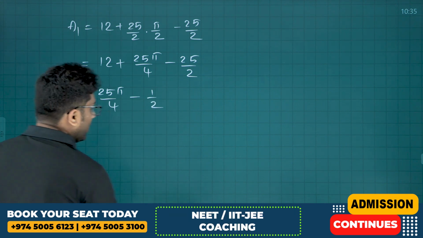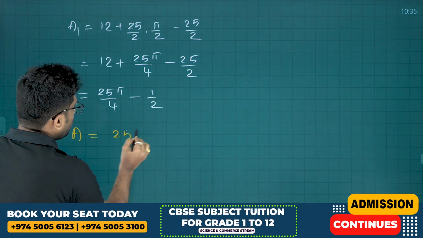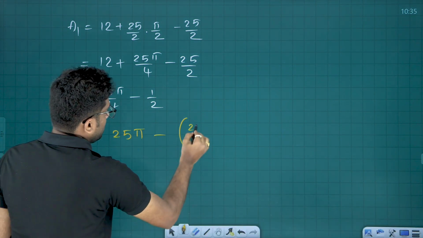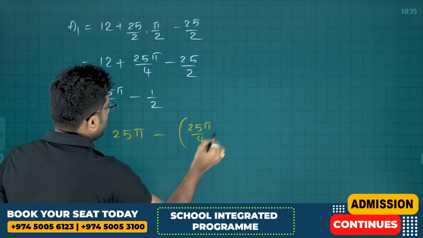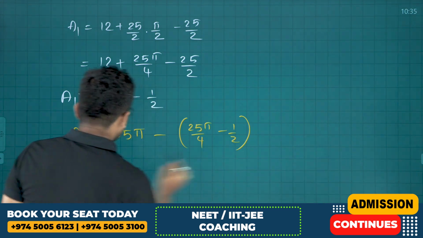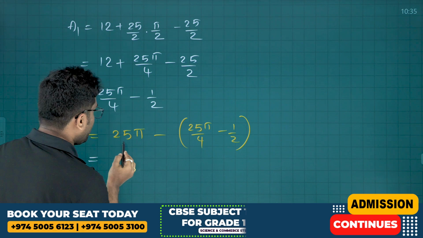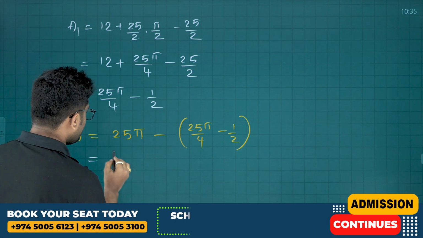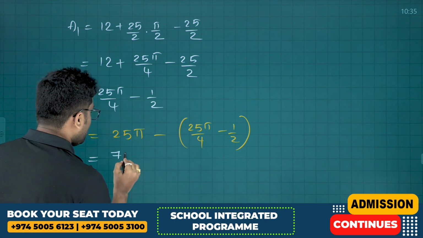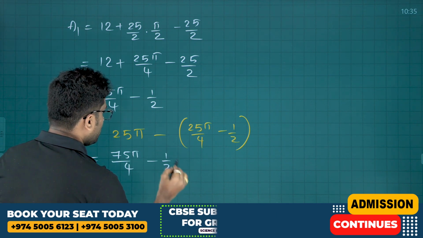Now what is our required region A? The area of the required region is equal to, from the total circle we exclude this 25 pi by 4 minus 1 by 2. So finally, friends, 4 into 25 is 100, minus 25, that is 75 pi by 4 plus 1 by 2.